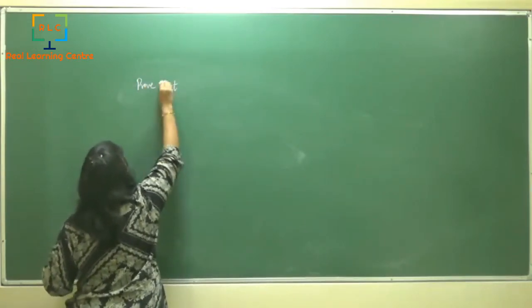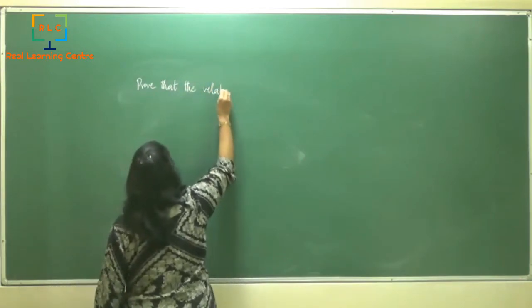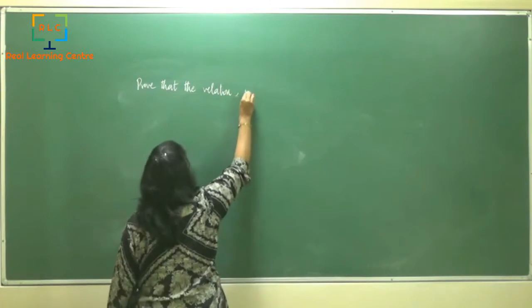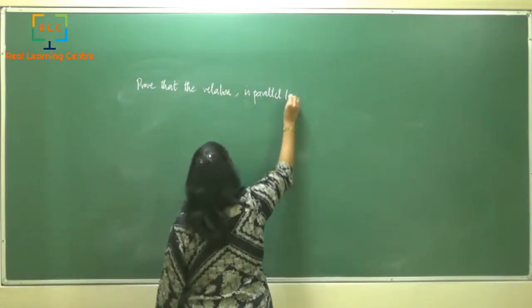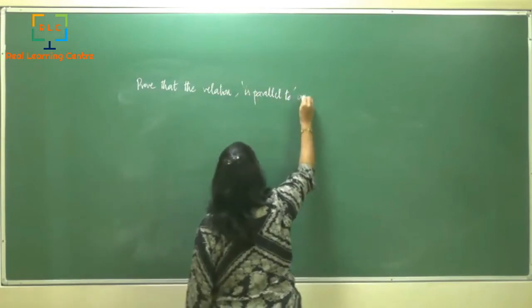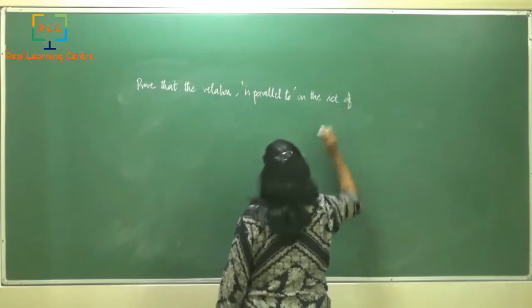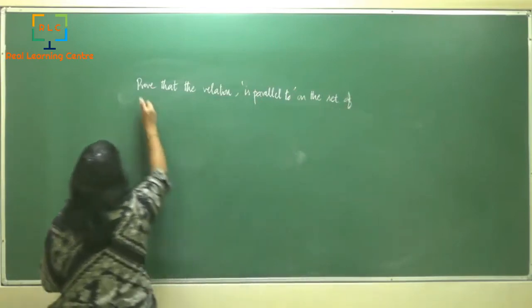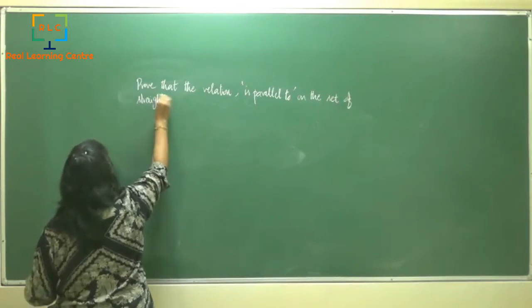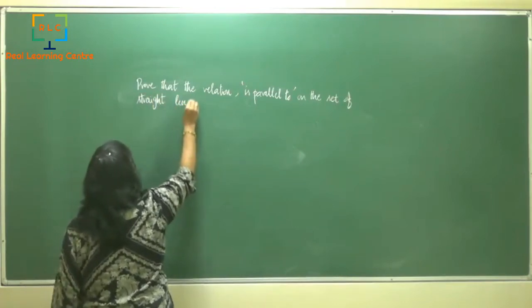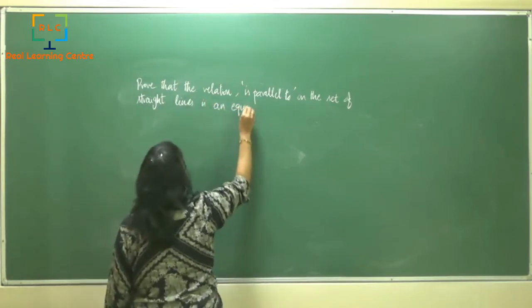Prove that the relation "is parallel to" on the set of straight lines is an equivalence relation.